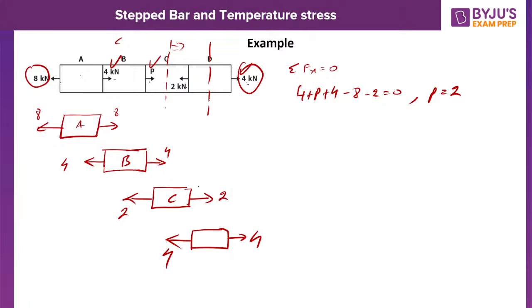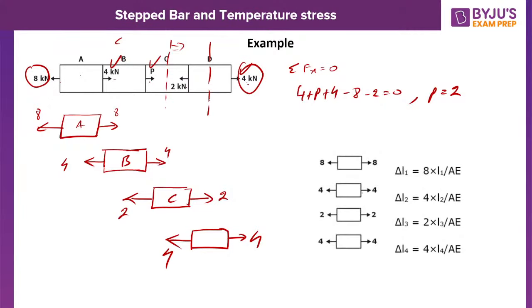Once you have drawn the free body diagram for each individual block, the next thing is simply, for each block, whatever forces you have, calculate the individual deformation based on their nature. Here it is going to elongate, so plus elongation, plus elongation, plus elongation. Fortunately, I have all elongation.